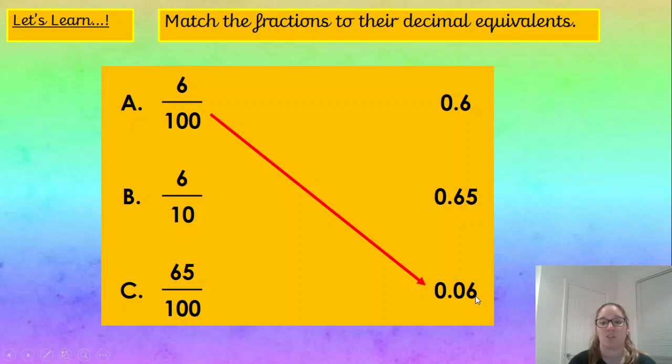This is our hundredths. Then we've got 6/10ths here. Now 6/10ths is an equivalent fraction of 60/100ths, and 0.6 represents the 60. And then we have 65 over 100, which of course is 0.65.